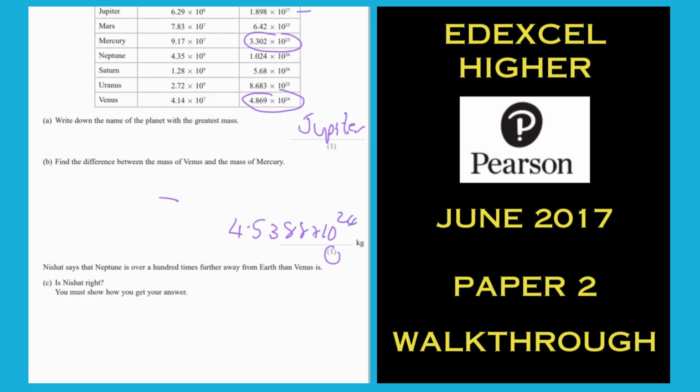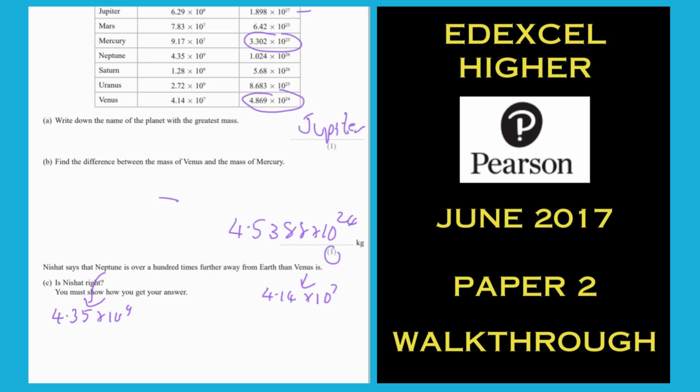Nishat says that Neptune is over 100 times further away. So I simply wrote down on my model answers the standard form for Venus, that's times 10 to the 7, and the standard form for Neptune, 4.35 times 10 to the power of 9.